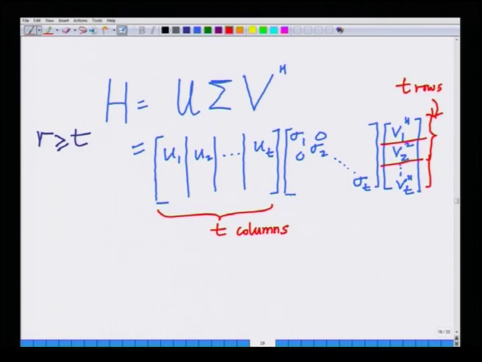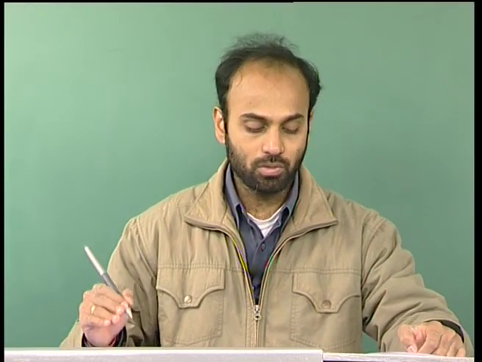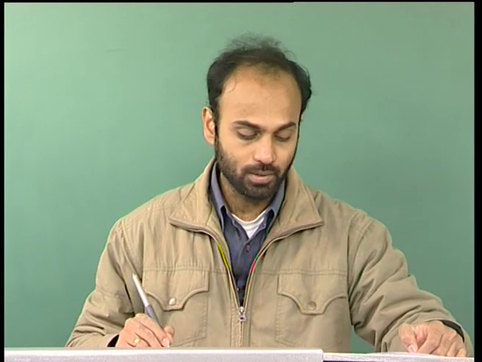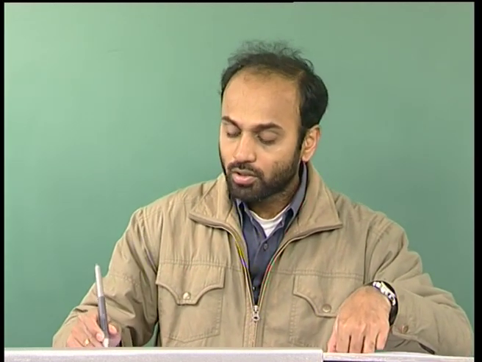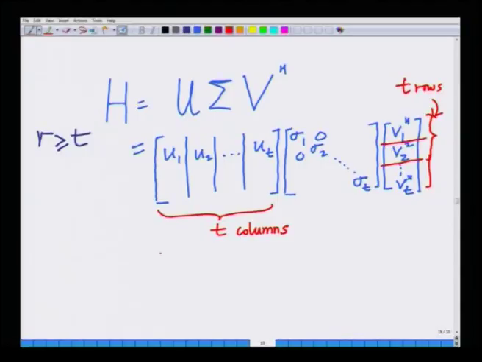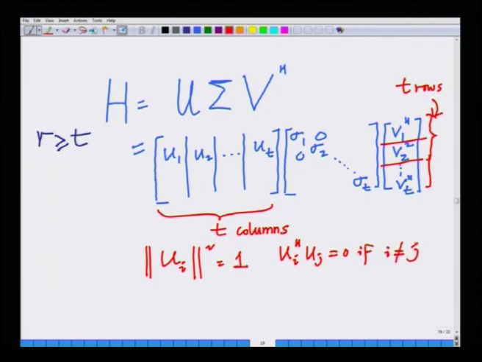The properties of these matrices are such that, first of all, the columns are orthonormal, that is, norm of ui squared equals 1, while ui Hermitian uj equals 0 if i not equals j.